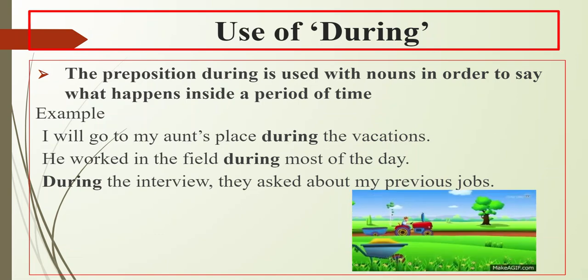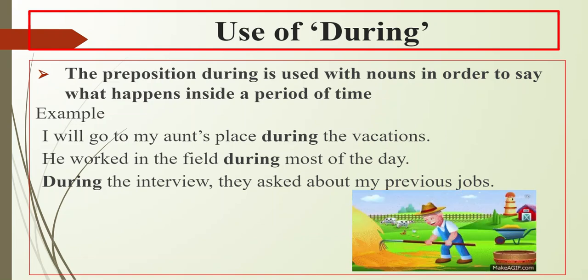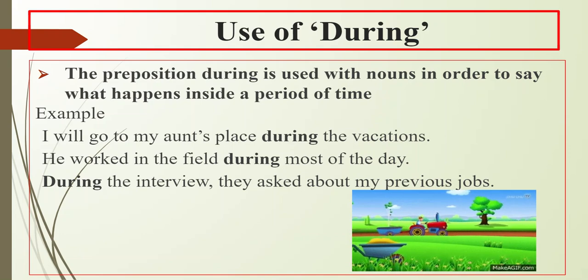So it is telling us about a period of time and what happened during that period. Maybe from 1st of Jan to 5th of Jan, what you did during this period. So there you will be using the preposition during.